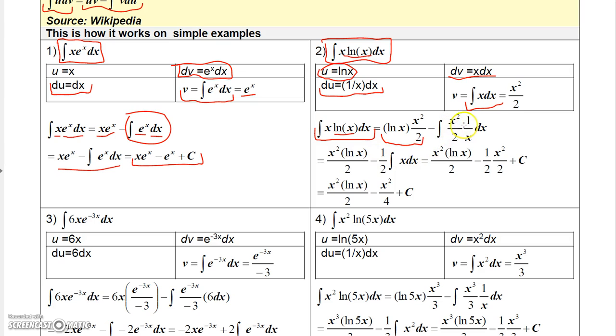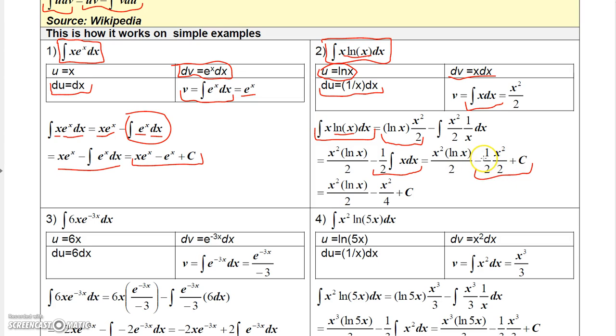So this simplifies to just the integral of 1/2 x dx. And now we know how to integrate x dx. It's x squared over 2. So I'm going to have minus 1/2 times x squared over 2 for this integral, and then I add the constant, and then the next step I just simplify this second term.